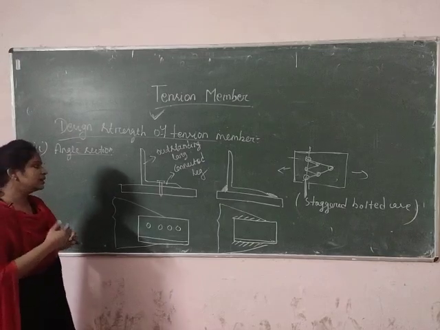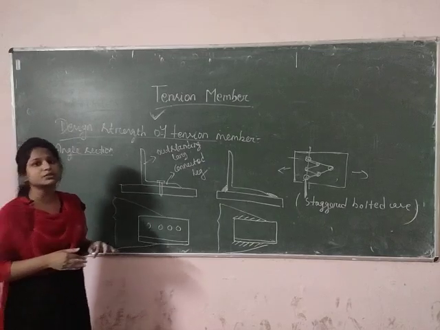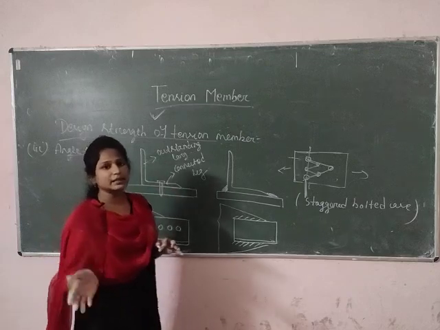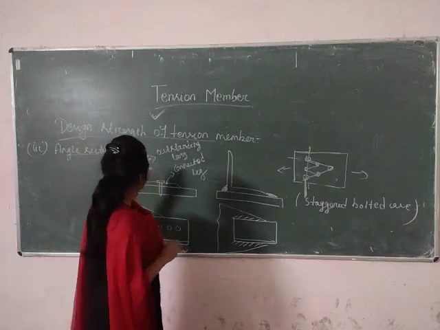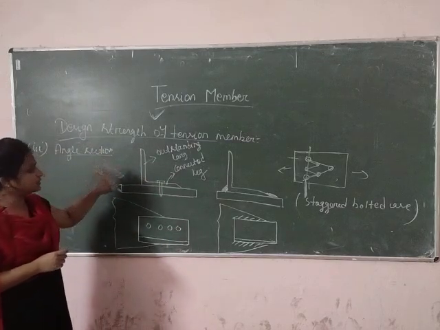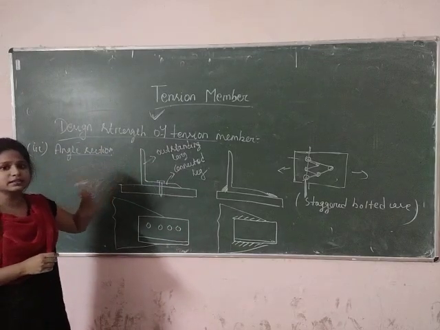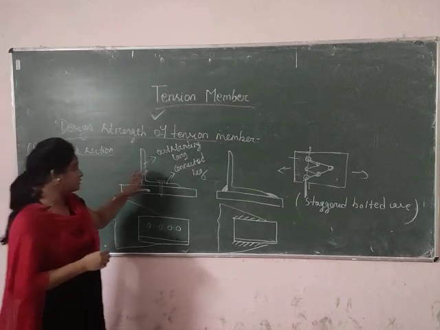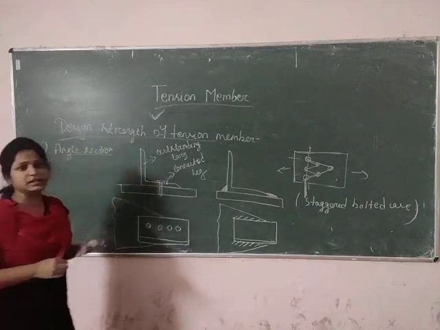That means here we have introduced the concept of eccentricity, as the load will not go through the CG of the section. Eccentricity will come into the picture in this case.